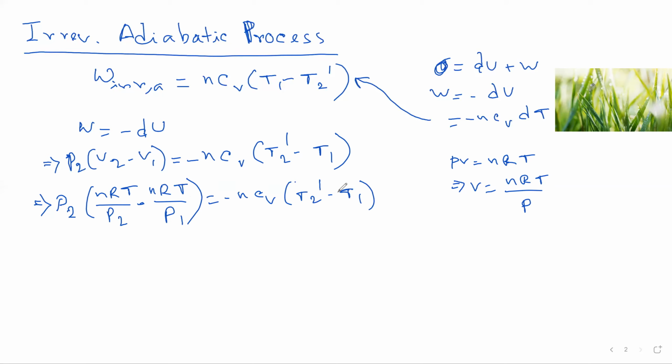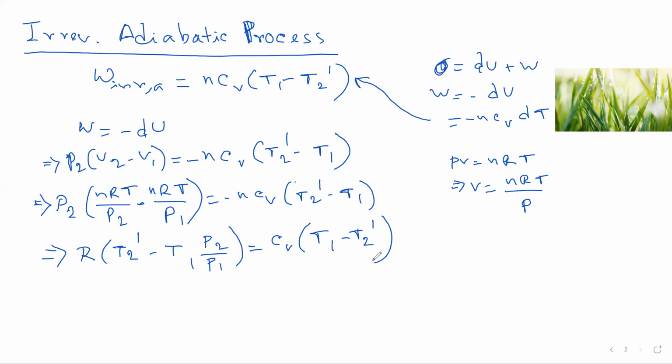Now let's cancel all of the n's. So we will write R into T2 prime minus T1 into P2 by P1, and this will equal Cv into T1 minus T2 prime.